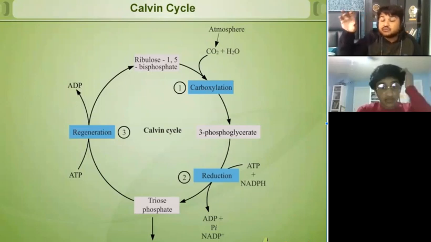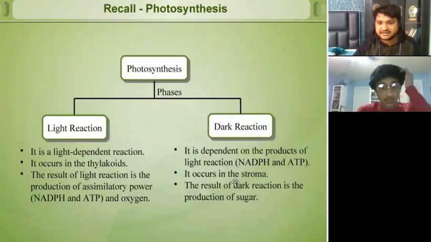The biosynthetic phase, the dark phase, is dependent on the product of the light phase, because the product of the light phase is energy, ATP. See this line. The dark phase is saying that it is dependent on the product of the light reaction.